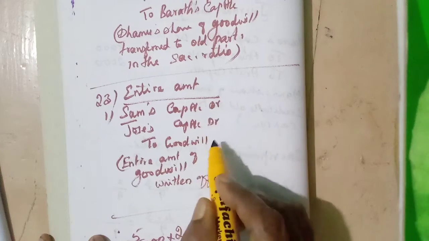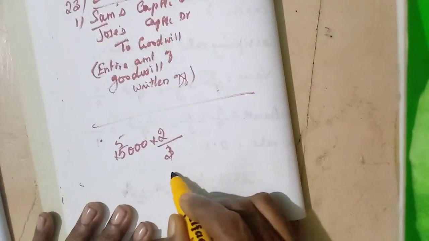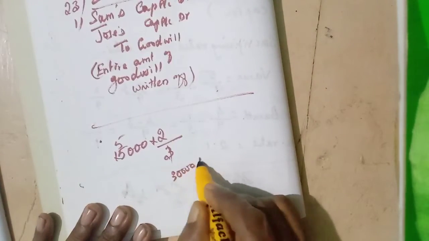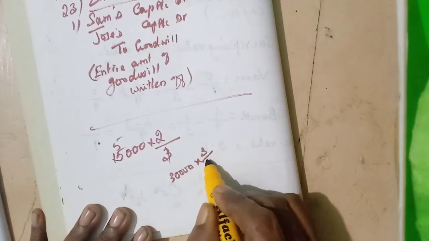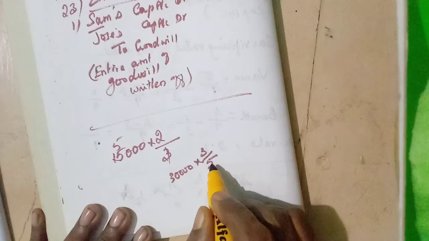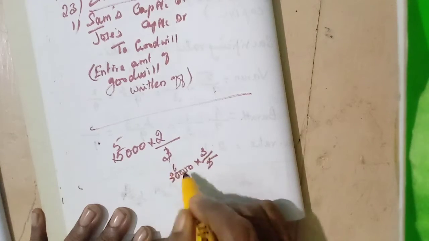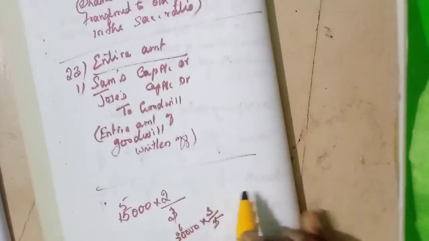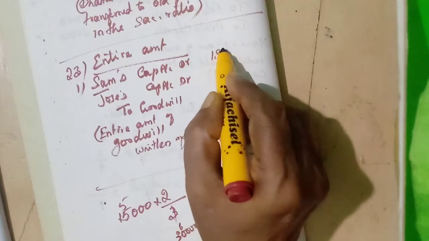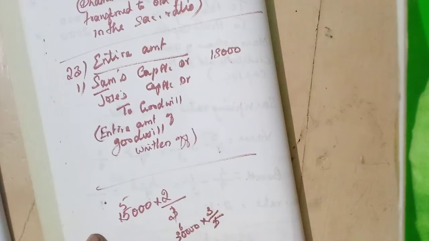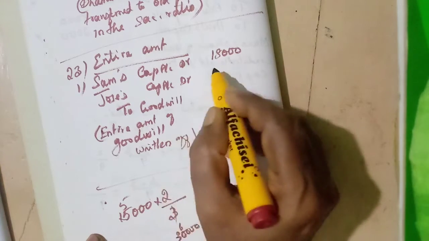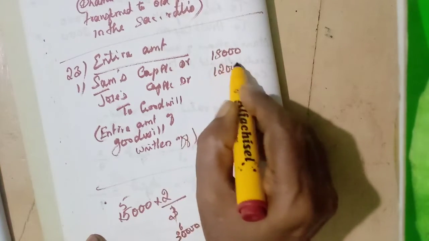Totally 30,000, isn't it? So we calculate 30,000 in the old ratio, 3 divided by 5. So 6,000 into 3, 18,000. Remaining 30,000 minus 18,000, 12,000.